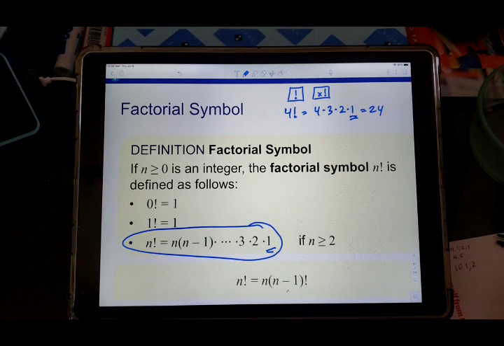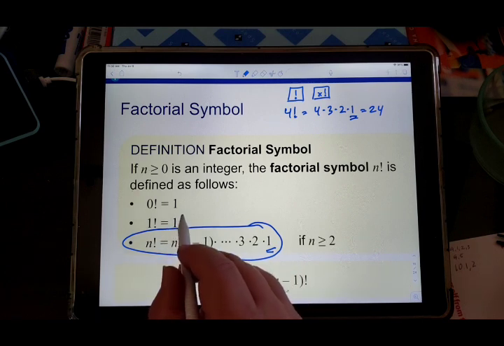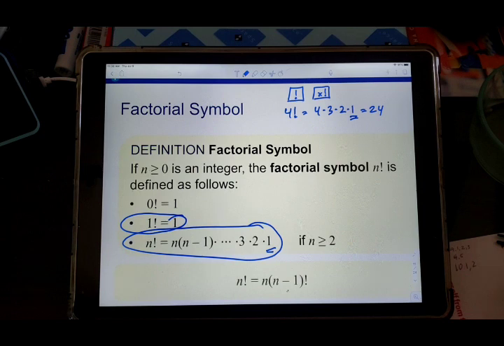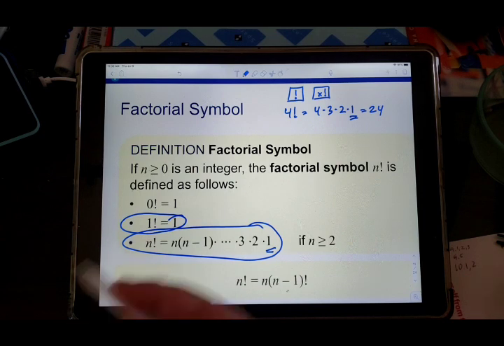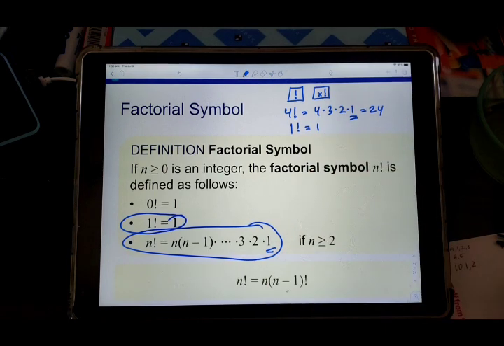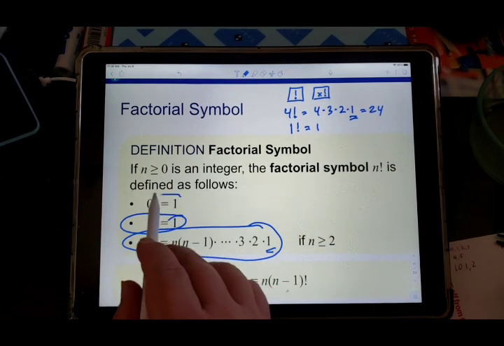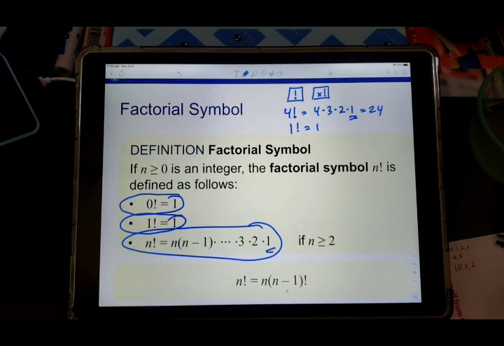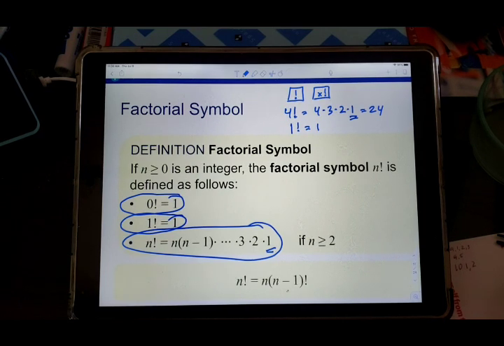A couple of interesting things, though, and that is 1 factorial is 1, and I suppose that makes sense. 1 factorial equals 1. But this one, it feels a little unusual. What's 0 factorial?